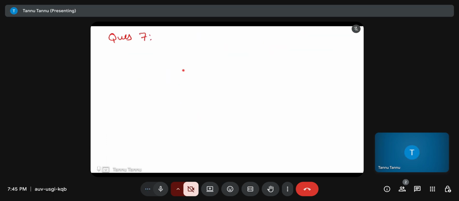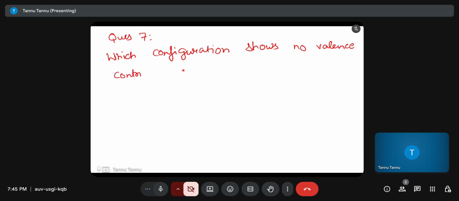Question 7. Which configuration shows no valence contribution to the quadrupole splitting?